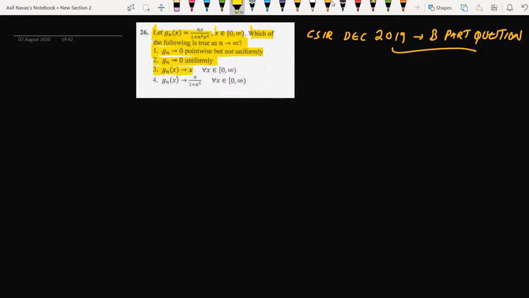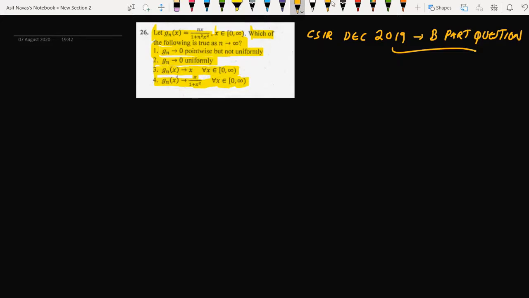Third option is g_n(x) converges to x for all x belongs to (0, infinity). And fourth option is g_n(x) converges to x by 1 plus x squared for all x belongs to (0, infinity).